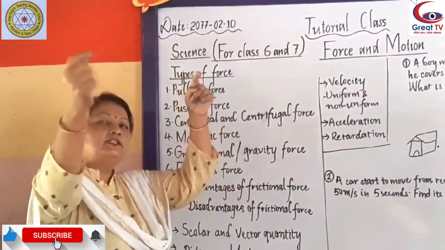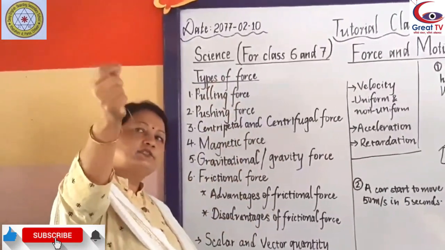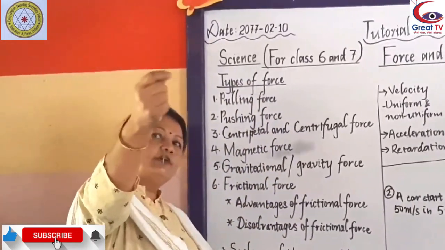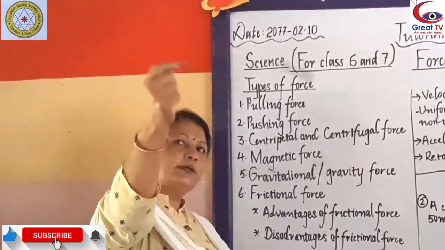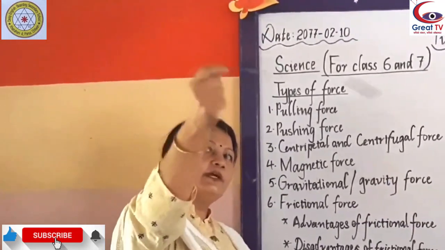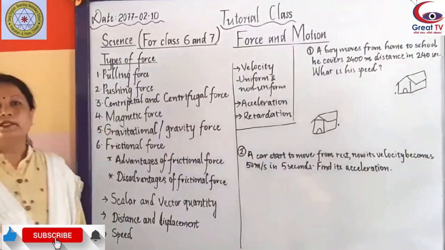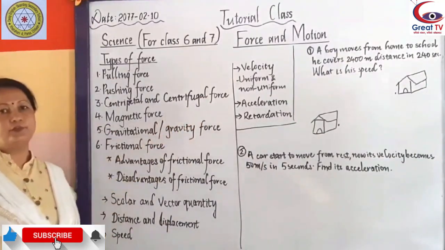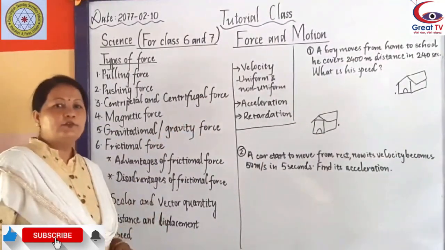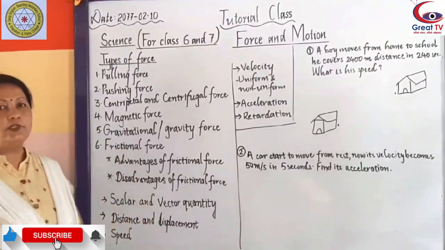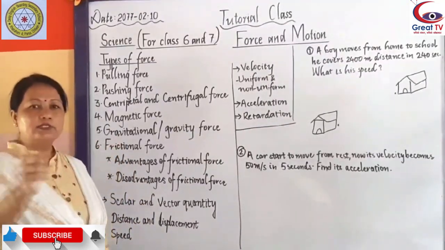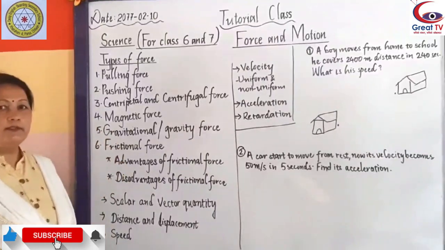A force acting toward the center is called centripetal force. When I release the thread, what happened? It moves away from the center. Yes, this is due to centrifugal force. Due to centripetal and centrifugal force, Earth moves around the Sun and Moon moves around the Earth.